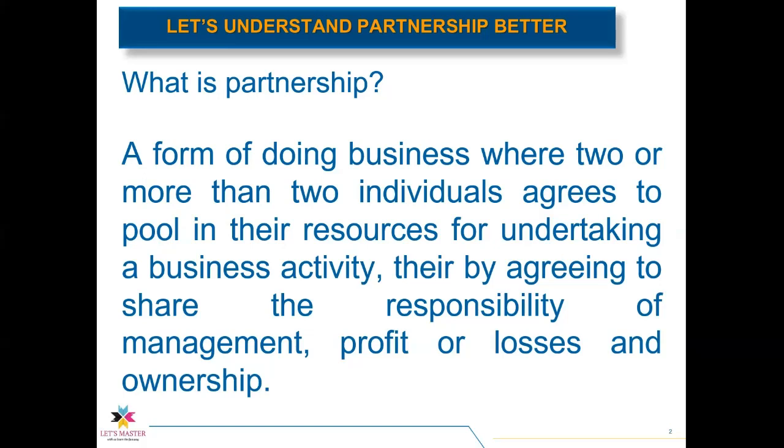It is not that one partner owns all the assets, or out of say 4 or 5 partners, 2 or 3 partners own all the assets, or the responsibility of managing the entire business is on 1 or 2 partners. All the partners are collectively responsible for managing the business.